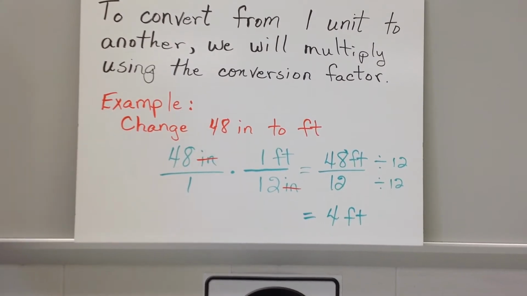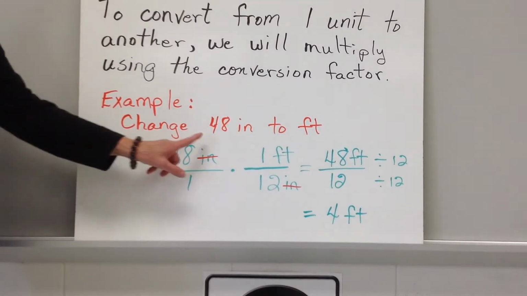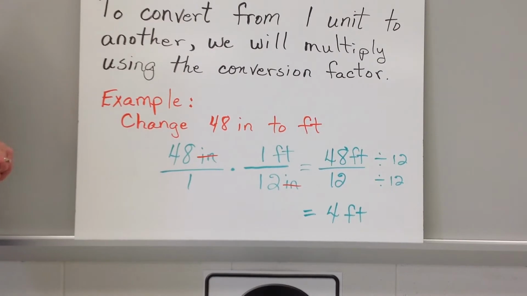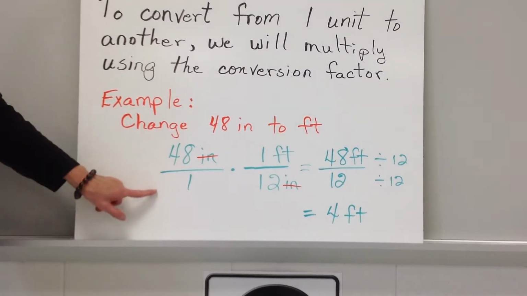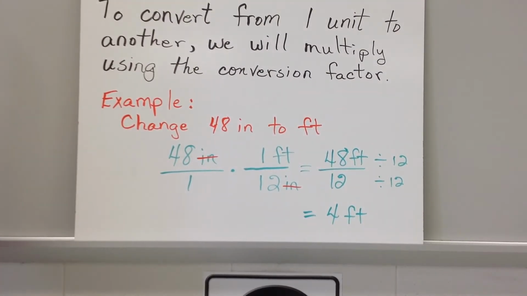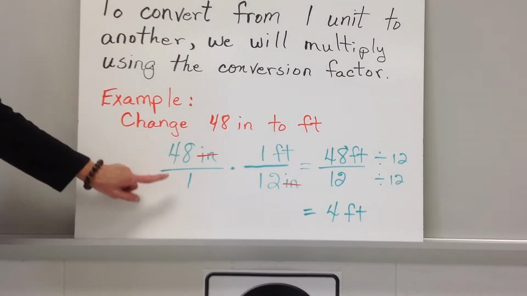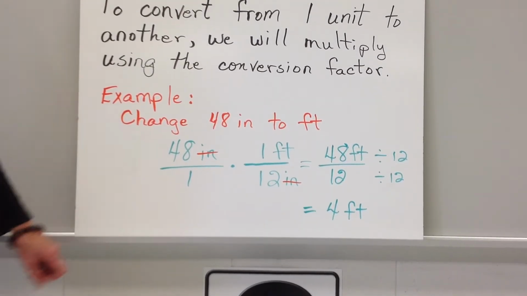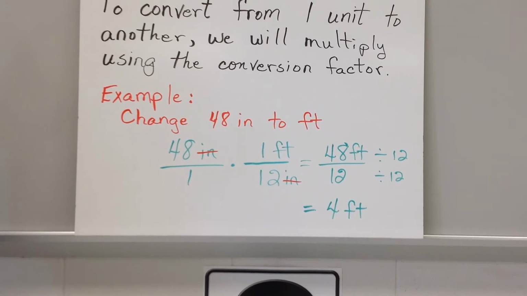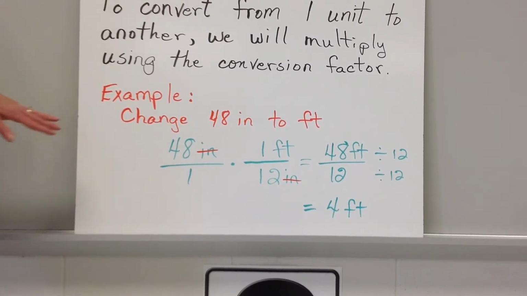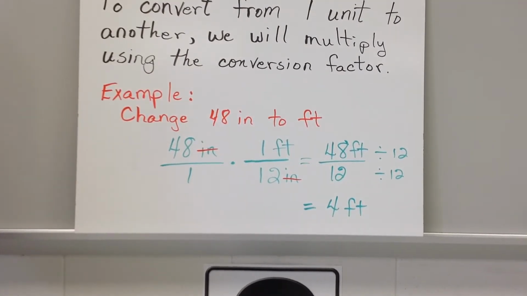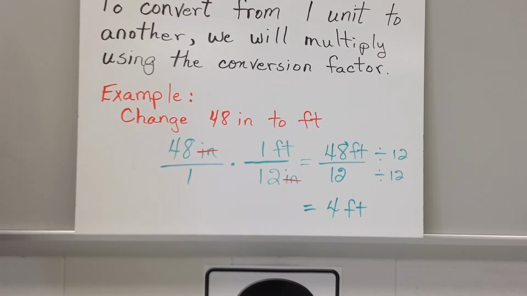For example, if your problem said change 48 inches to feet, the first thing you would do would be to make a fraction and put 48 inches over the number 1. If you don't have something else to put the number over, you'll put it over the number 1 to make a fraction.